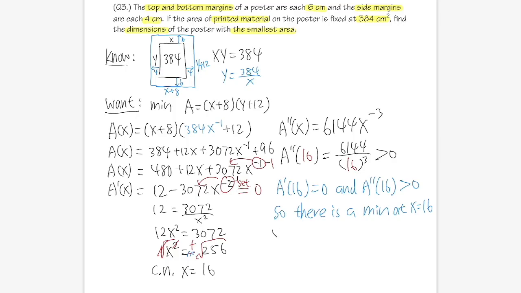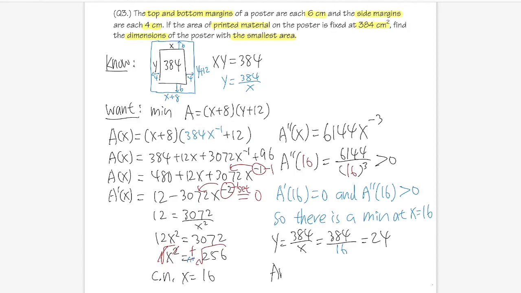Now y equals 384 over x, which is 384 over 16. Let's just go ahead and work that out. We get 24. So the answer will be, and we have to be careful, it says that we have to find the dimensions of the poster.